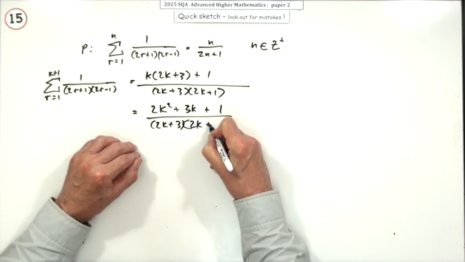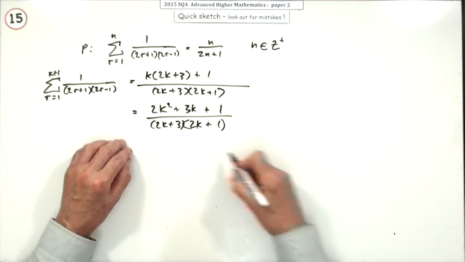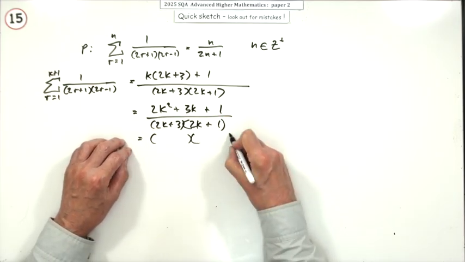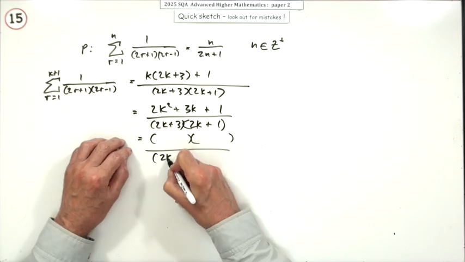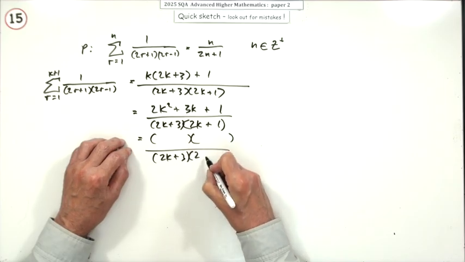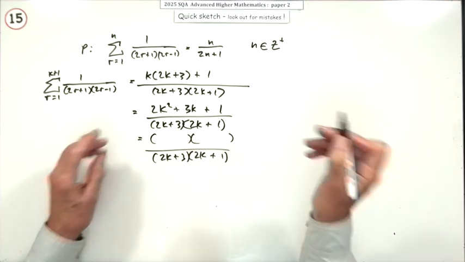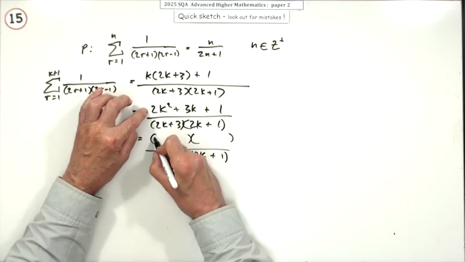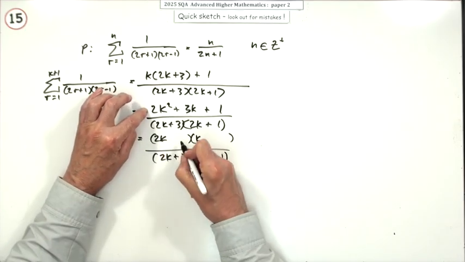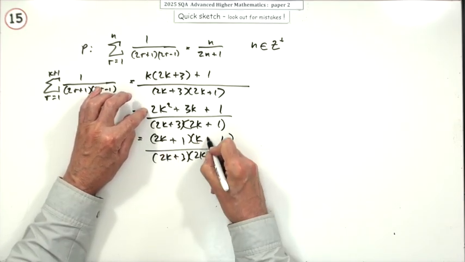Always happens when you've got these fractions, it just takes up twice as much space. Now factorise the top, and hopefully it will knock out one of the factors underneath, or else you have to go back through everything and check for a mistake. So that'll have to be 2k times k, that'd have to be 1 times 1, and that's perfect for 1s.